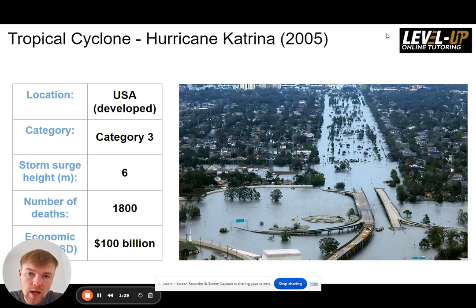I think there's two things to focus on here on this slide. First of all, on the right, from the image, you can clearly see the level of destruction and devastation that was experienced by those people in places where Hurricane Katrina made landfall, namely New Orleans, etc. But the second thing to say here would be that this is a really nice place to pause and look at some of those statistics for that tropical cyclone and compare that to your example for a developing country, because that's what the exam board really like.